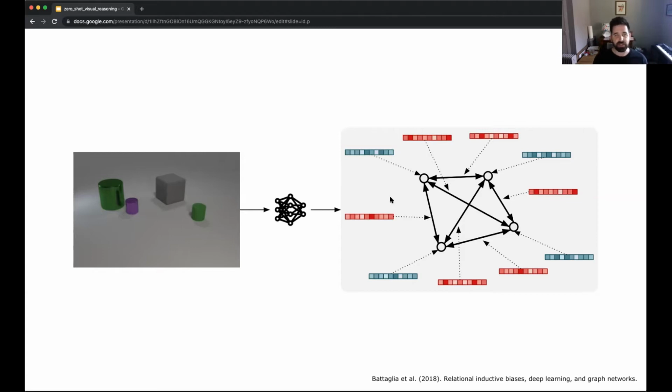You can imagine, for instance, representing a visual scene such as this one, where the nodes correspond to the objects in the scene and the edges correspond to the relations between those objects. Our approach adopts this representational format, so I think it's broadly synergistic with the ongoing efforts to develop algorithms that can effectively extract these kinds of representations.